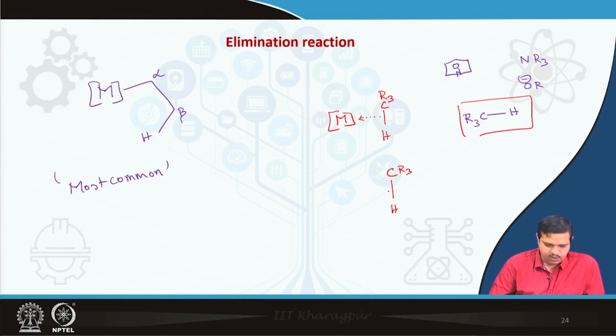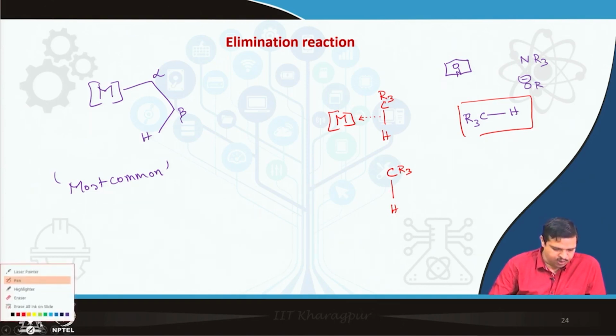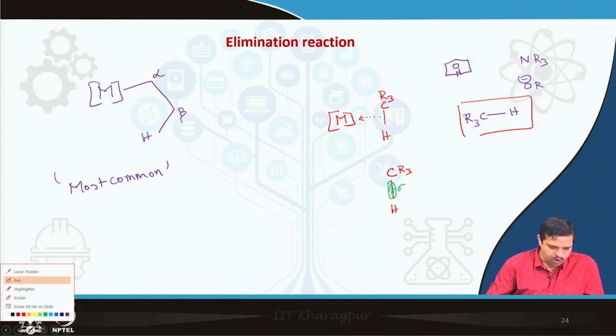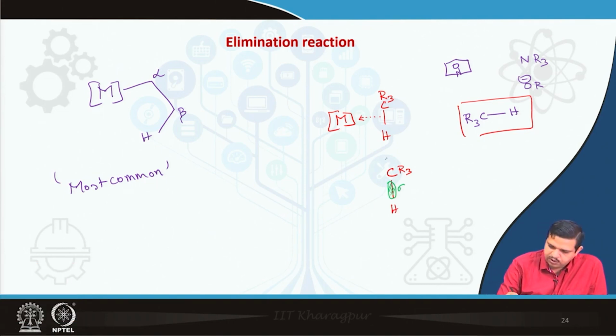That means you have a sigma electron density, and you have the sigma star. If I write this as sigma, I am just considering only CH, and the sigma star will be like this one. If this is plus, this is minus.